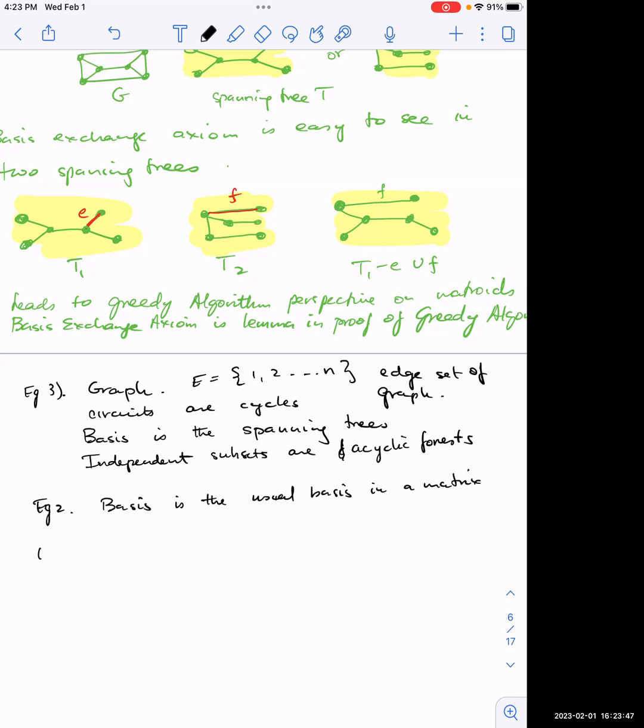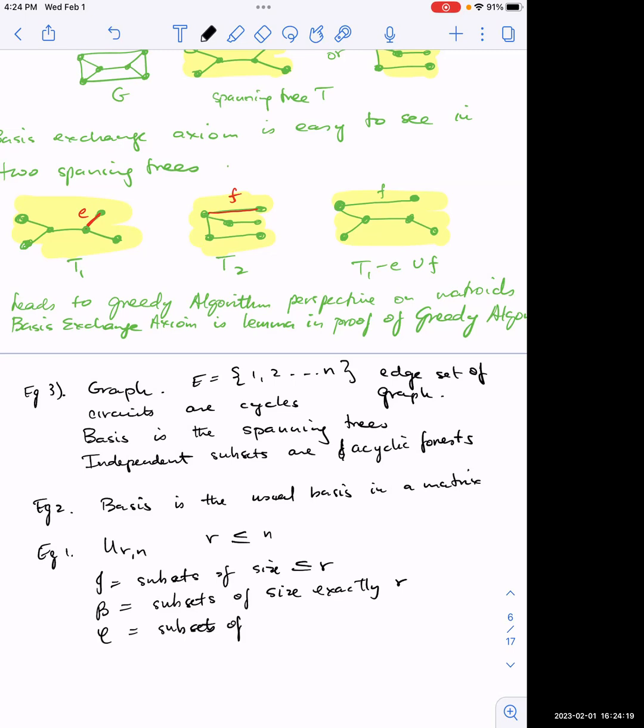And example 1 again, U_{R,N}, the uniform matroid on N elements. The independent sets are subsets of size less than or equal to R. B is the maximal ones, subsets of size exactly R. And C is subsets of size exactly R plus 1.